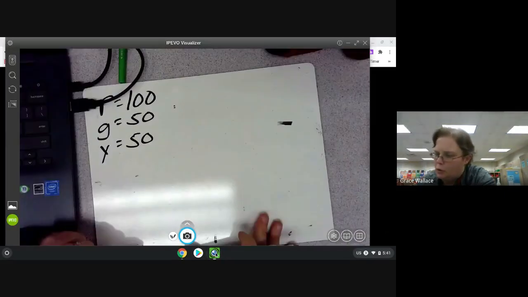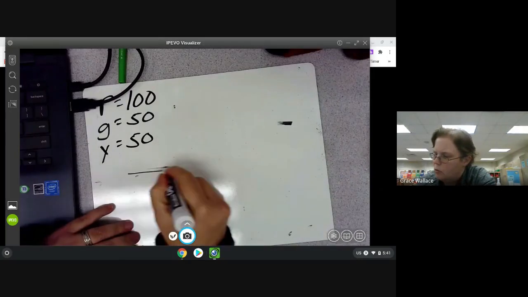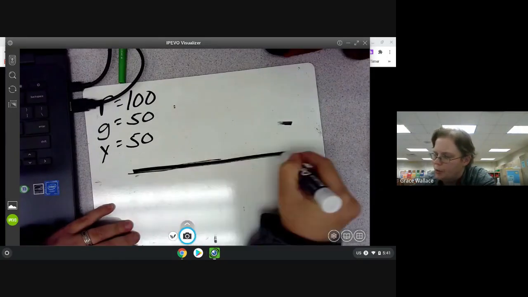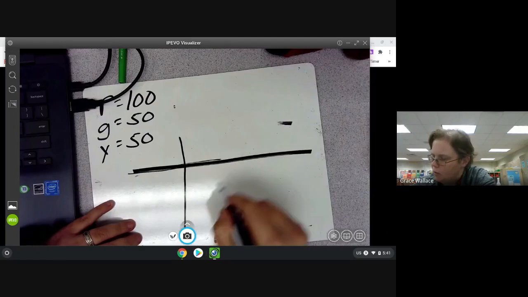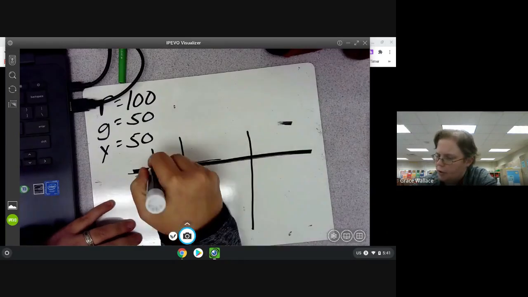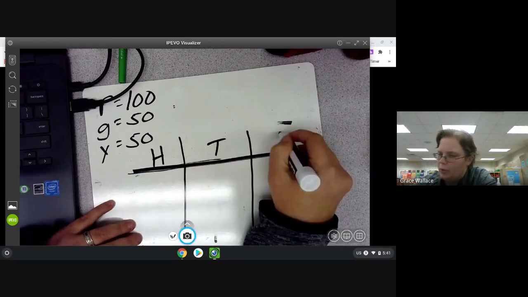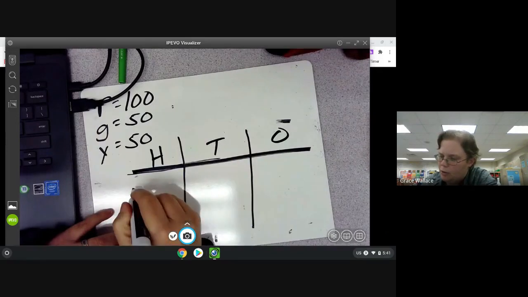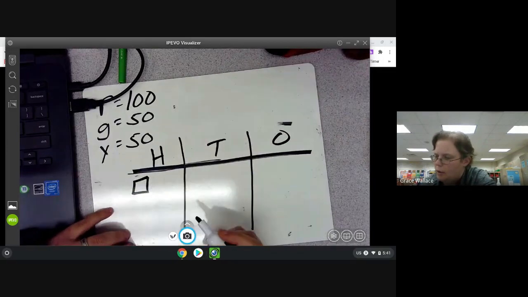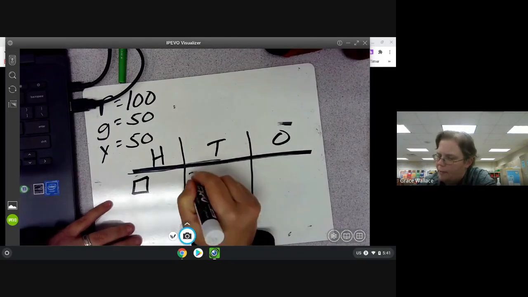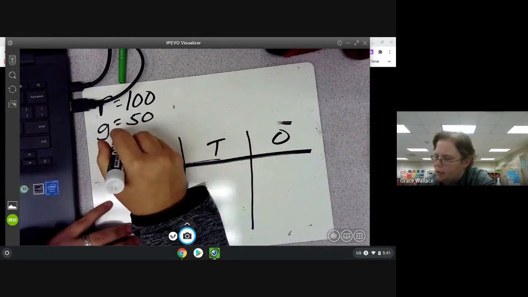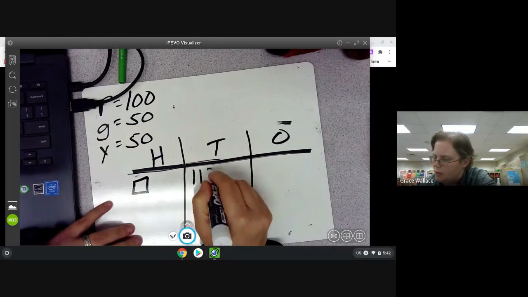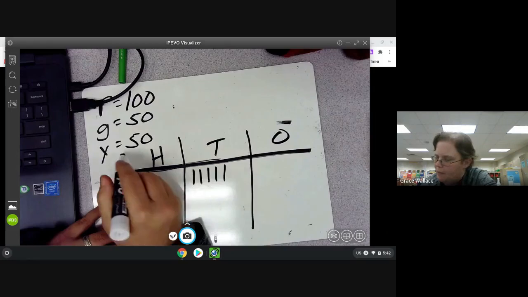Okay, so I'm going to draw my place value chart. I always want to draw my place value chart. This helps me out. And I have hundreds, tens, and ones. Well, I have 100. And I have 5 tens. I have 50 green, 5 tens. And I have 50 yellow.